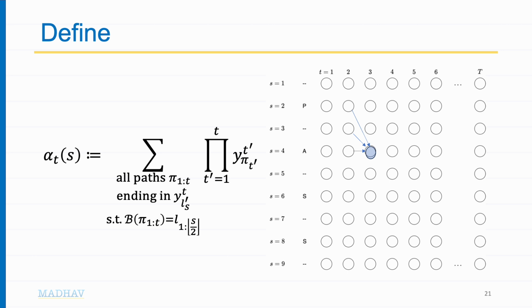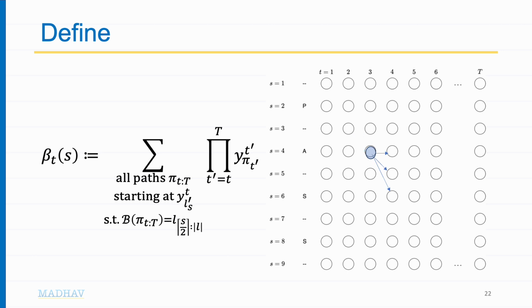Then beta also. Okay, this is beta. All paths starting at this node, and basically sum over all the paths.